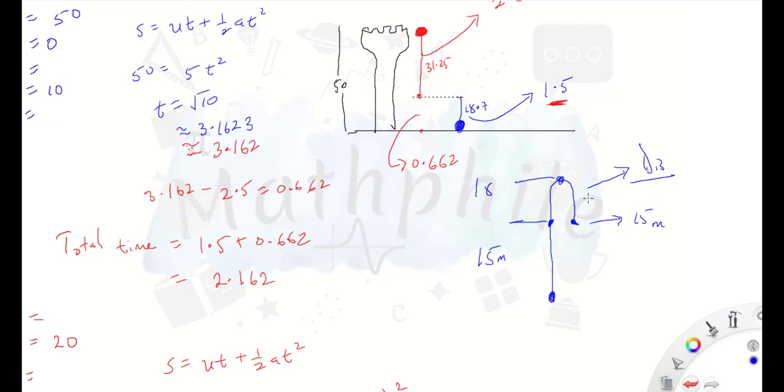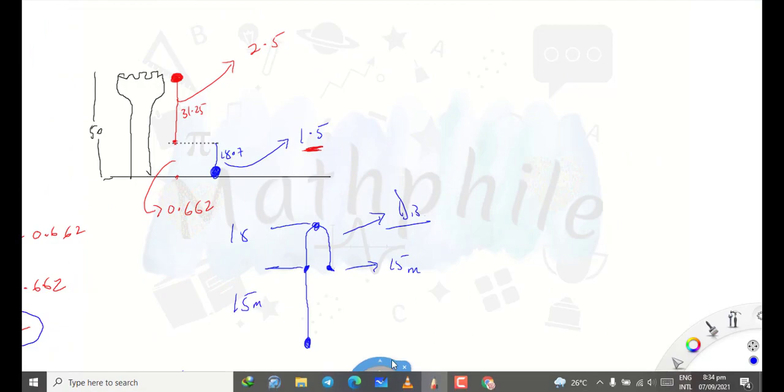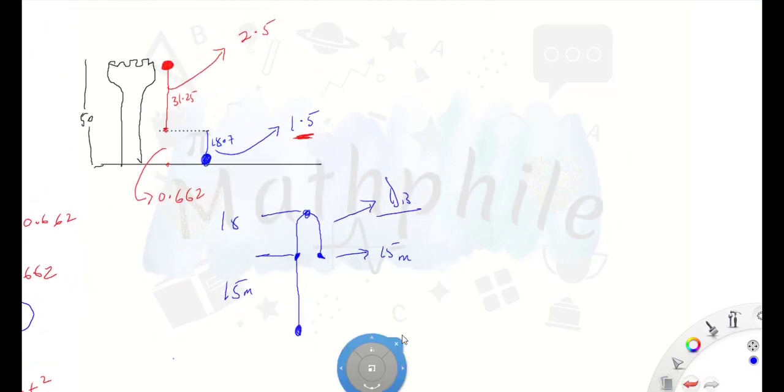Otherwise I'll be finding displacement instead of distance. It could be that at 2.16 seconds, the particle is on a return journey, so using 2.16 won't be an accurate value. So we're going to start off by first finding the time it takes the particle to start a return journey, which is the maximum height.